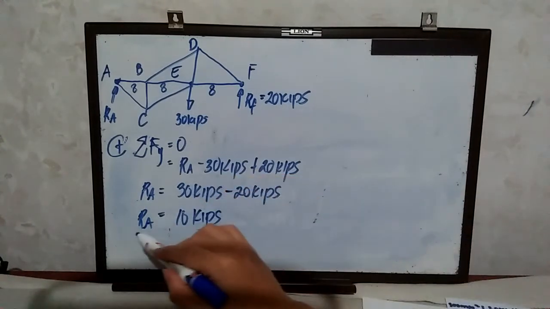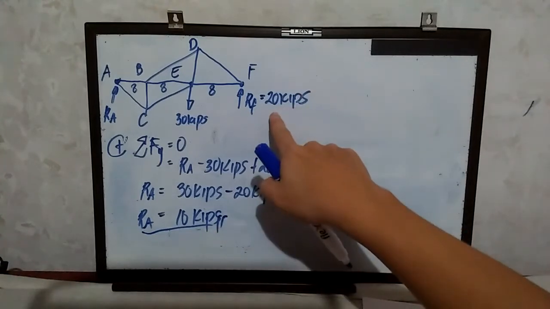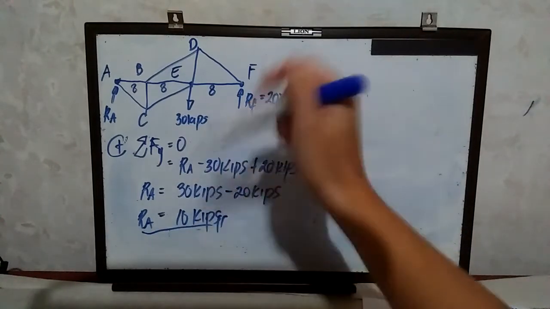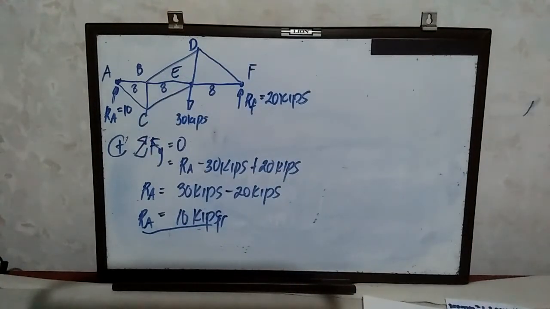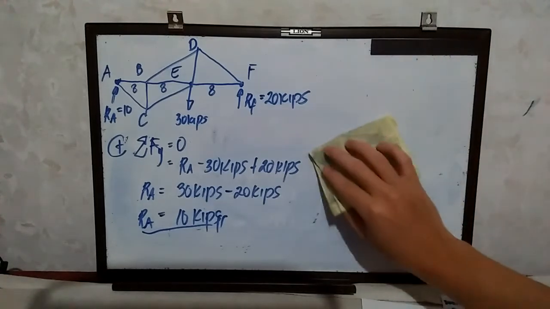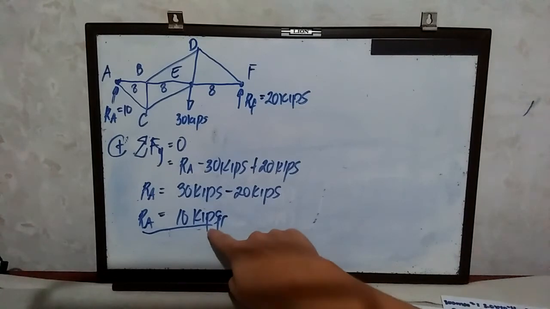So these are the reactions at F and at A. So we have here 10. Let's designate that as 10 kilopounds because we already know what the unit is. Let's erase this again because we already managed to solve for the reactions.